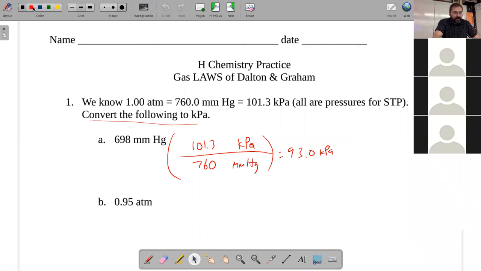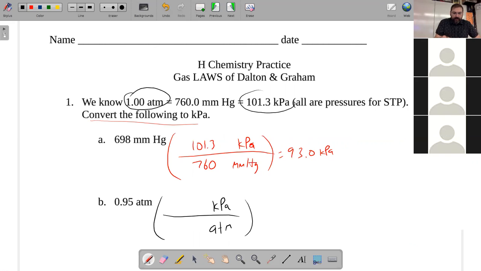I did 1A for you. And then problem 1B, you want to convert this pressure in atmospheres into kilopascal. So you've got this pressure in atmospheres. The conversion factor has to have atmospheres in the denominator and kilopascals in the numerator. This conversion factor says 1 atmosphere is the same as 101.3 kilopascals. Standard pressure is actually 101.325 kilopascals, but that's good enough.